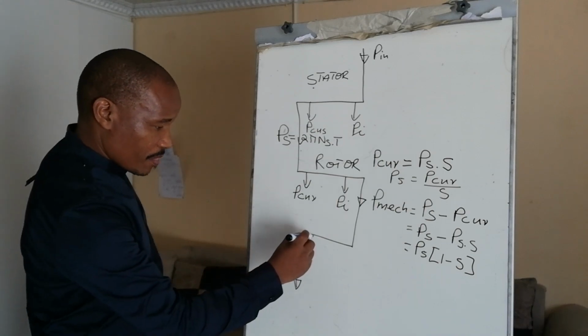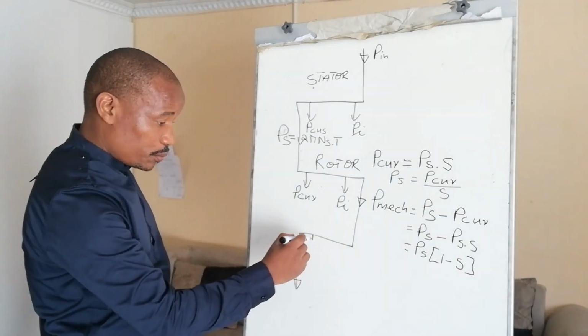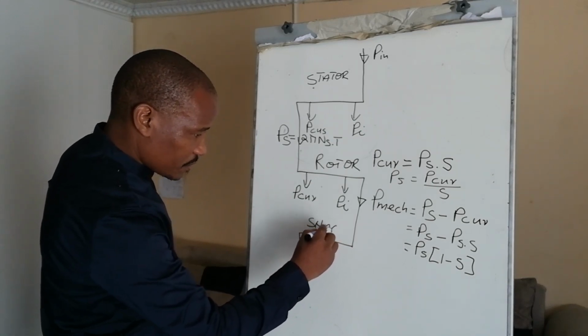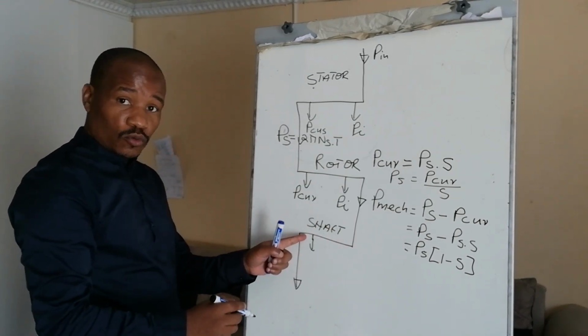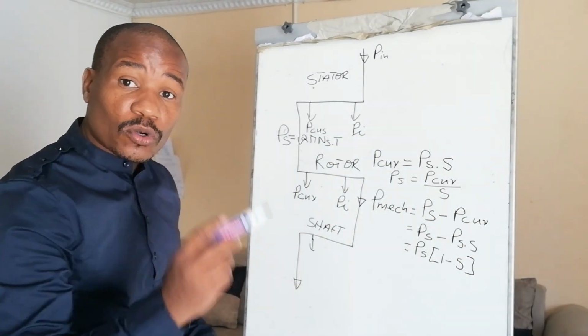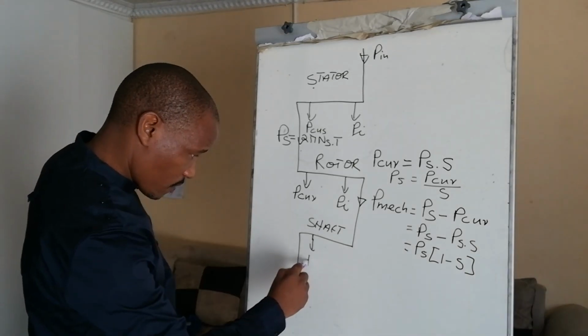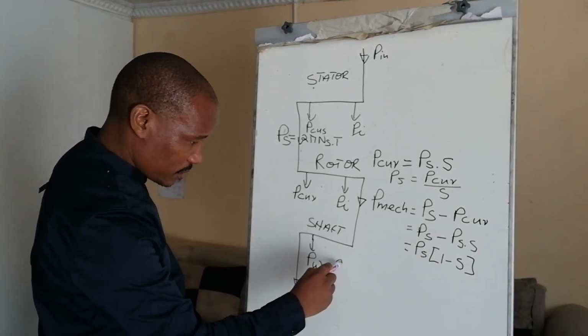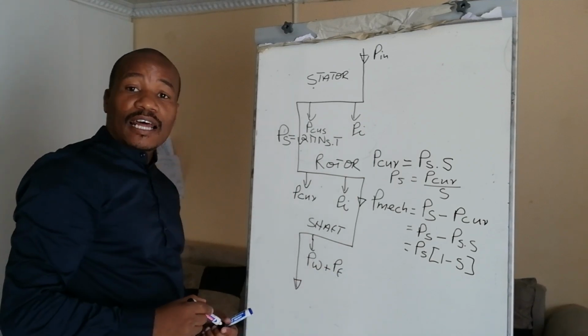And then here, this is the shaft output. The shaft output consists of the rotational losses, and the rotational losses are the windage losses and the frictional losses.